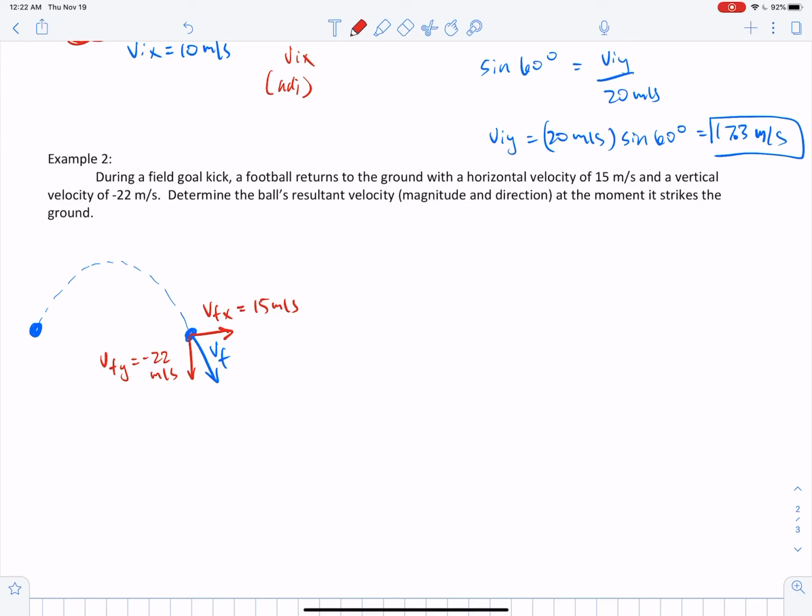Okay. So now the question is, what's the value of the combined velocity, the resultant velocity of the two of those?